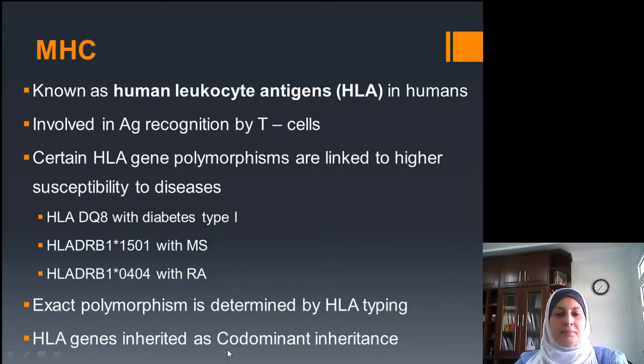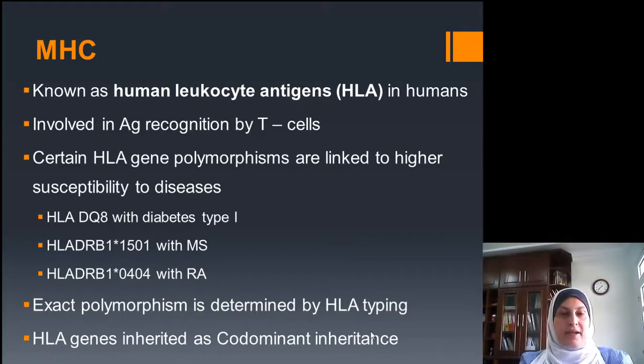And when we do HLA typing, we are actually trying to figure out what type of polymorphism this patient has. And this is when we want to do matching of the HLA type. We do the HLA typing to know if, for example, this transplanted organ is HLA matched or not.